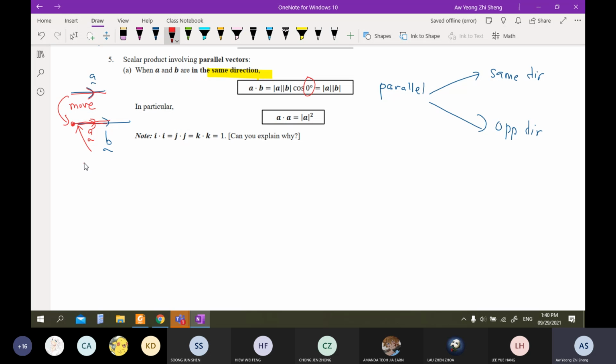It will be 0°. Angle between A and B is 0°. Applying the alternative formula, modulus A modulus B cos theta, where your theta is 0°, and cos of 0 is 1. So you end up getting length of A times length of B only.